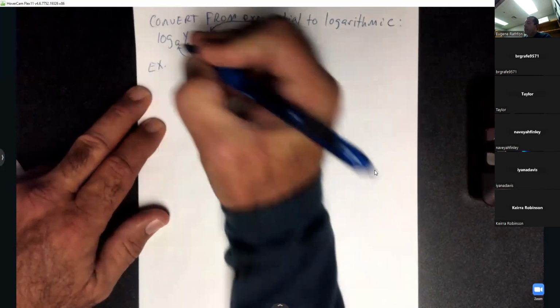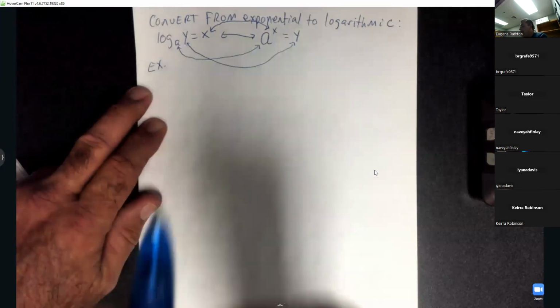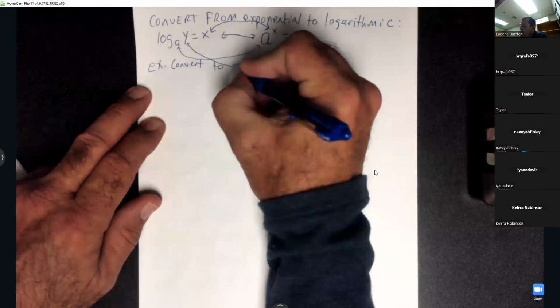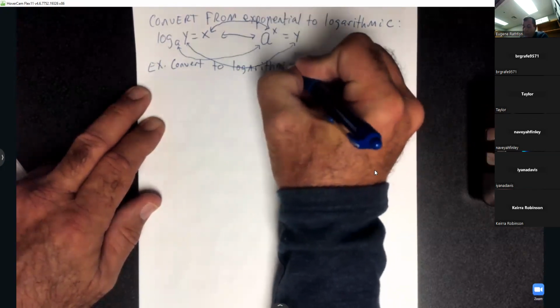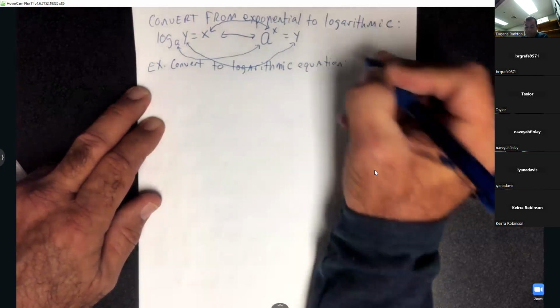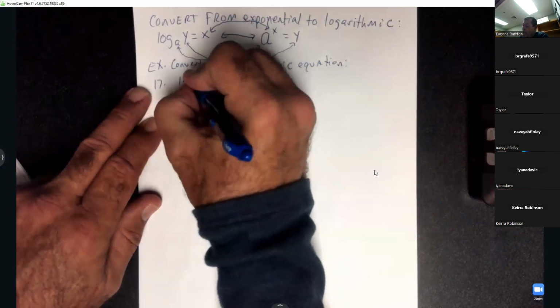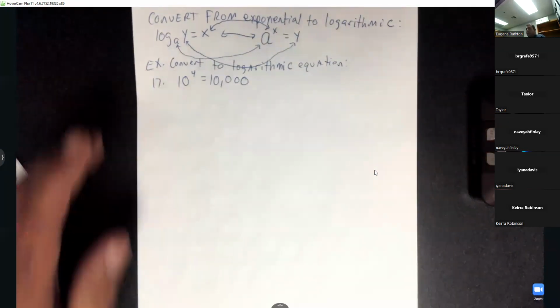So starting at 17, they say, hey, convert to a logarithmic equation. So they're giving me 10 to the fourth equals 10,000.